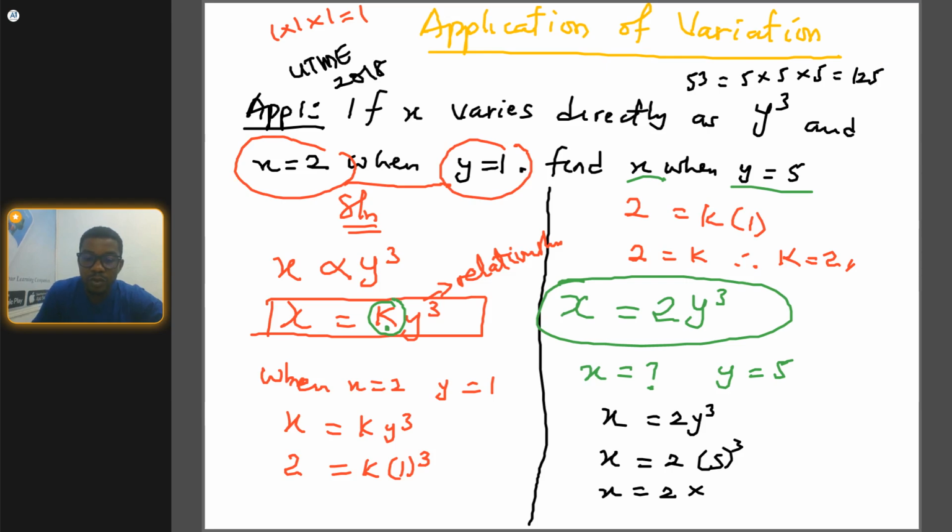So we have 2 times 125, and when you multiply that, you have 250. So x equals 250. If that's clear to you, please thumbs up. We are moving on to the next application.